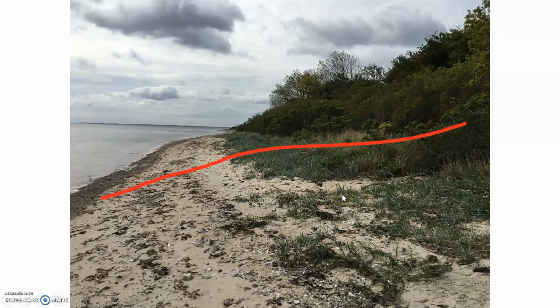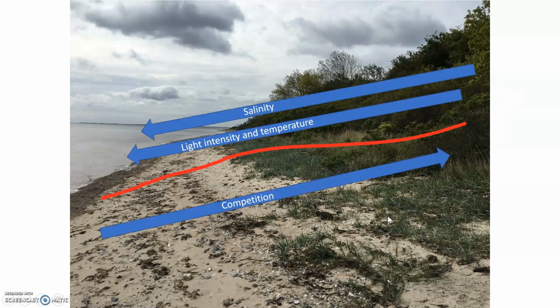Another example is this beach. So you could draw a line that starts at the shoreline and then moves into the vegetation. In this case, salinity would be an abiotic factor. We would expect the salinity of the soil to increase when we move closer to the ocean.